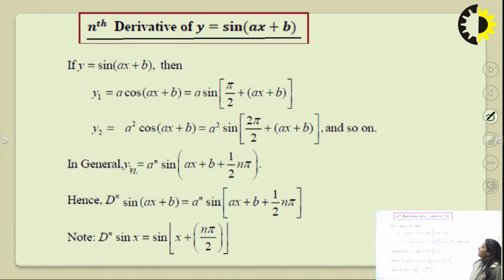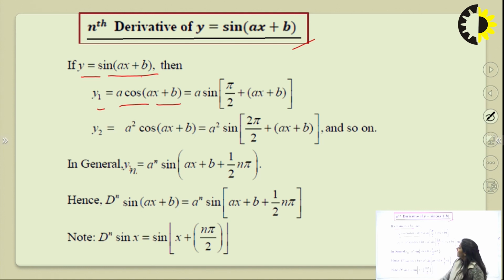Now we will find the nth derivative of sine ax plus b. Firstly we will put this function as equal to y. Now differentiate y with respect to x, then we will get y1 is equal to the differentiation of sine ax plus b, which is a cos ax plus b.